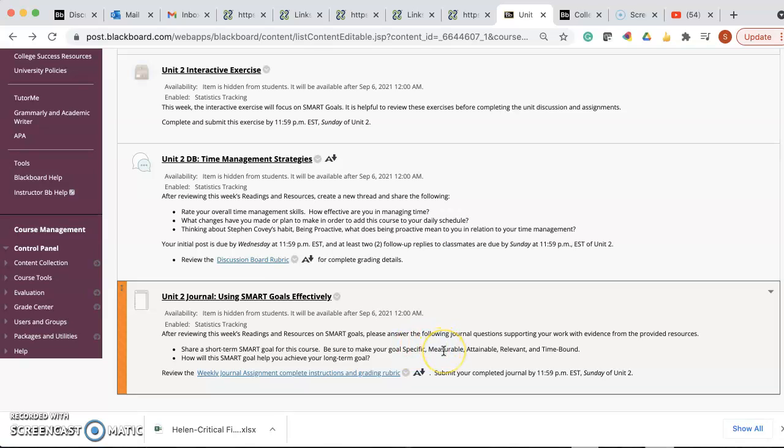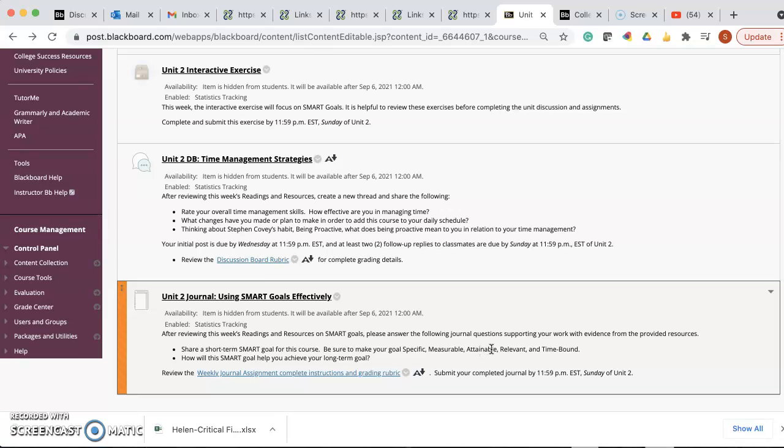It also must be measurable, meaning that it's able to be measured. You can go back and quickly check to see if you were able to achieve this goal. It needs to be attainable. Obviously, your goal for this class can't be to get your degree, because this is an intro course and you're going to have many more classes before you earn your degree.